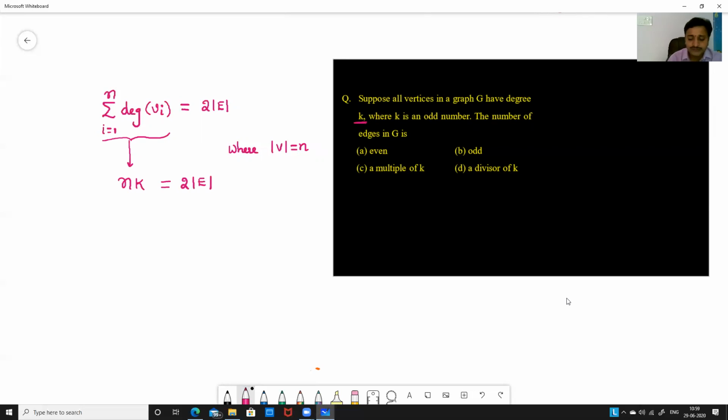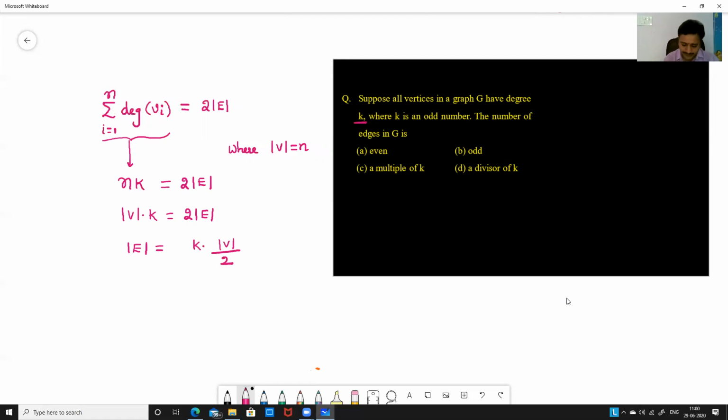We can also write n as cardinality of V, so cardinality of V into k equals 2 times the number of edges. They're asking for the number of edges in G. Therefore, the number of edges in G equals k into number of vertices by 2.